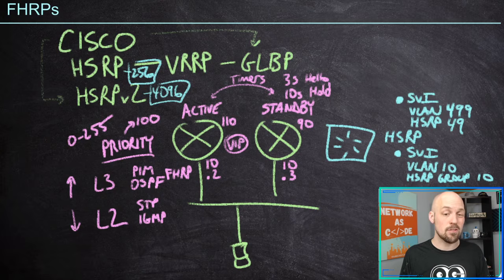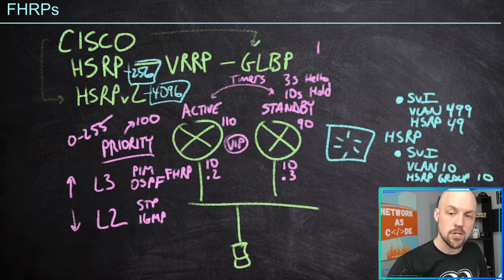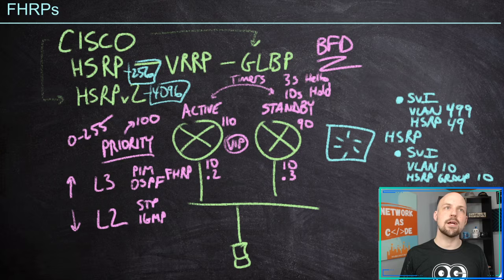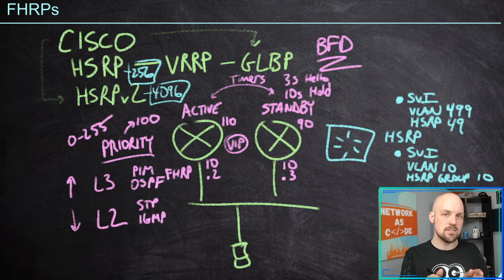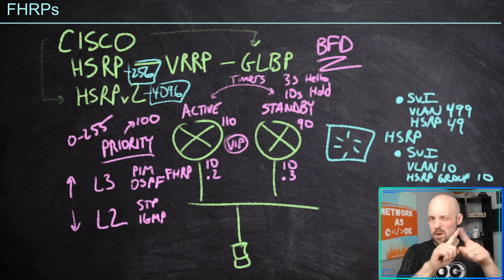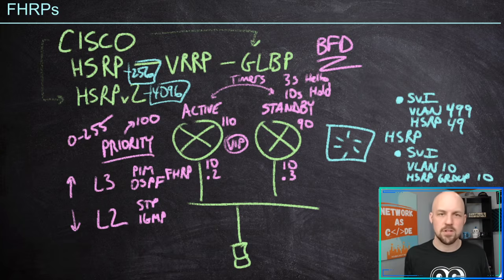In fact, we can even leverage something called bidirectional forwarding detection. I'm not going to go into the details on BFD, but BFD is sort of a generic way of tracking another router's state. And once you've established BFD relationships, you can actually apply BFD settings to any routing protocol you want, any FHRP you want, any with an asterisk, because I'm not promising that's going to work with every single thing you can configure on a router.